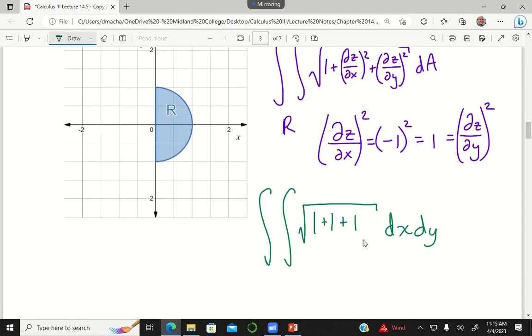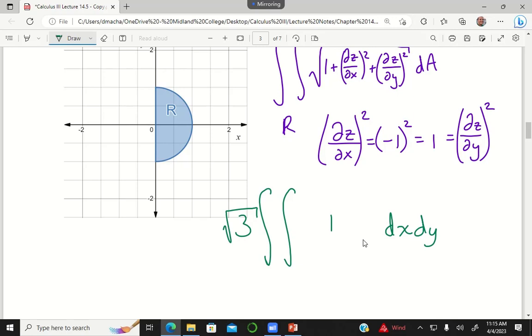So this is going to be the square root of 3, right? And that's just a constant. So you could actually pull that out of the integral if you wanted to. I could just write square root 3, my constant, times the double integral of 1 dx dy. So that makes the antiderivatives really easy.